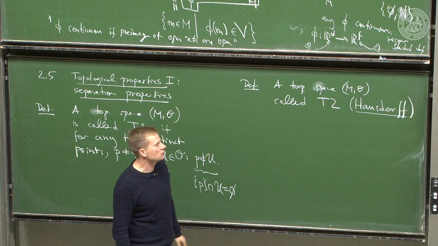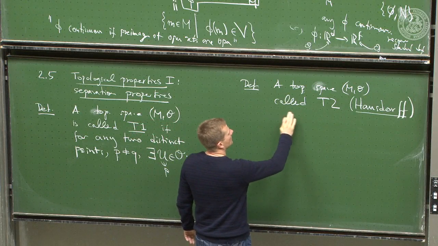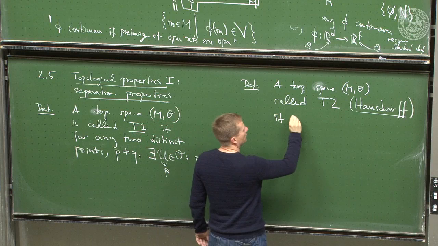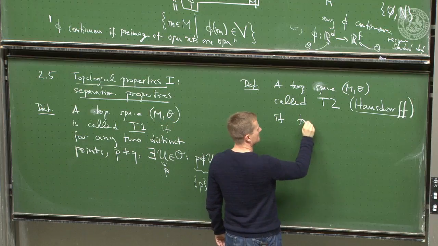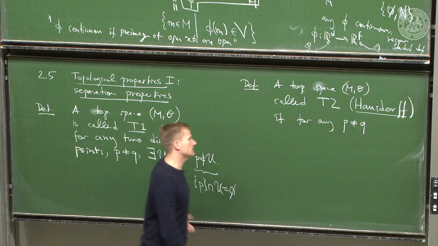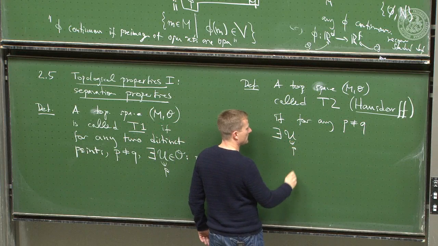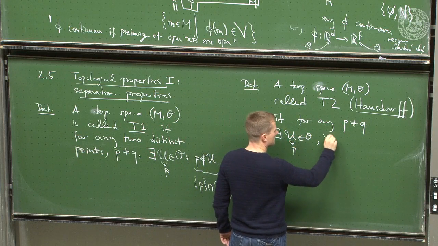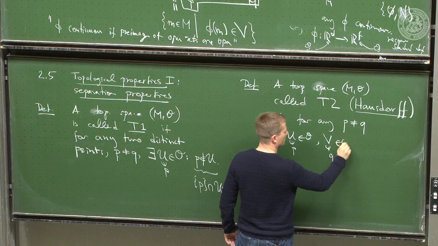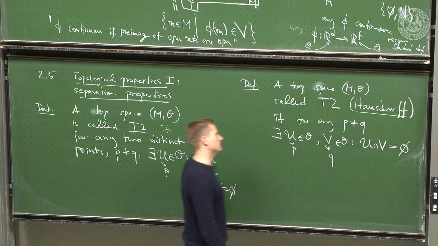You call it T2 or Hausdorff, if for any two distinct points, for any P not Q, there exists an open neighborhood of P and an open neighborhood of Q such that the intersection of the two neighborhoods is empty.